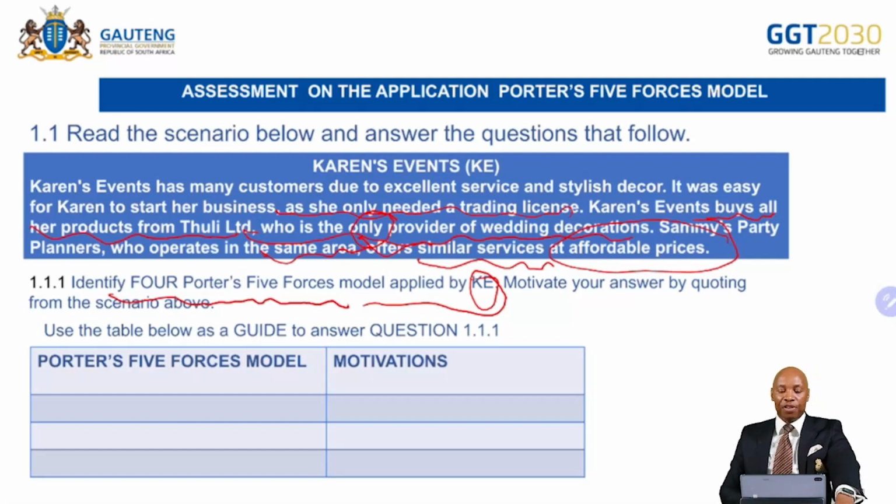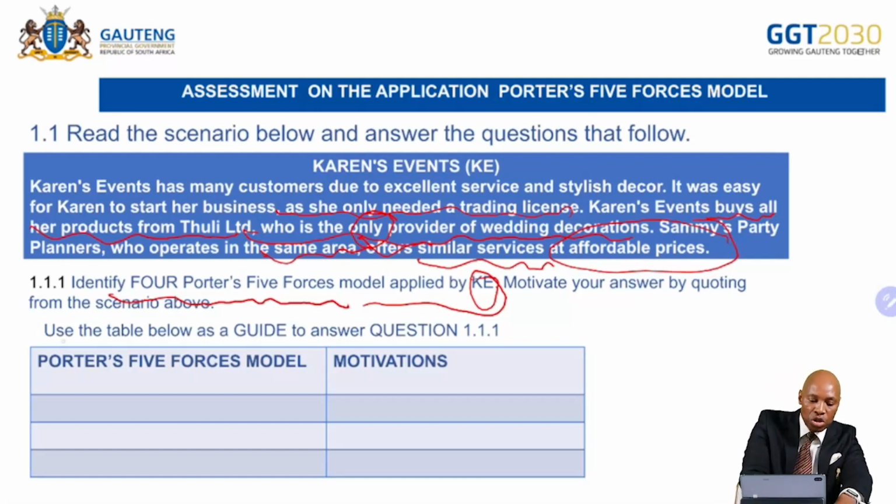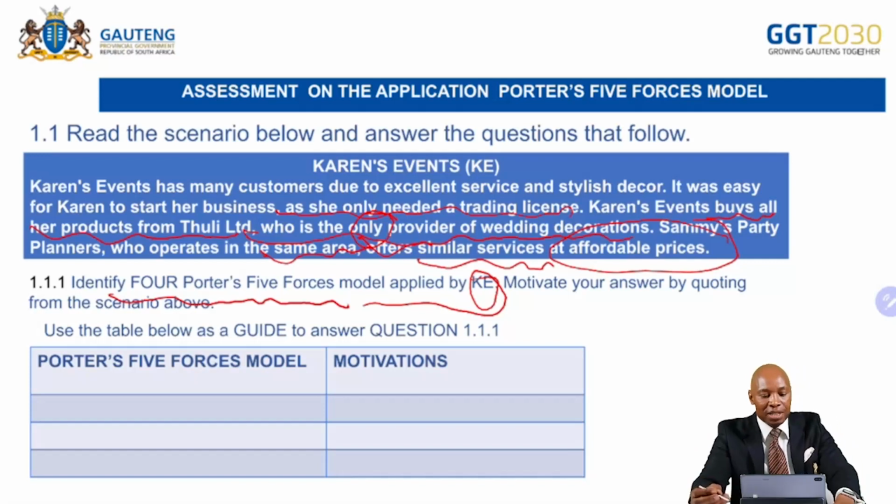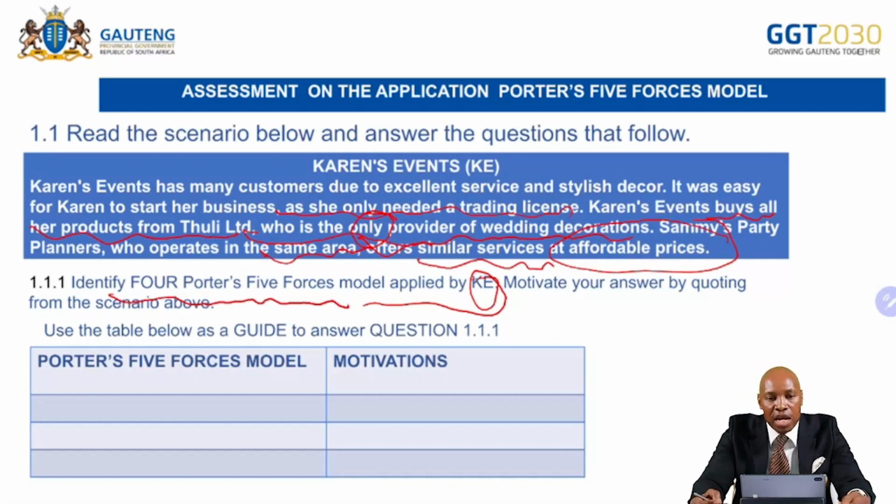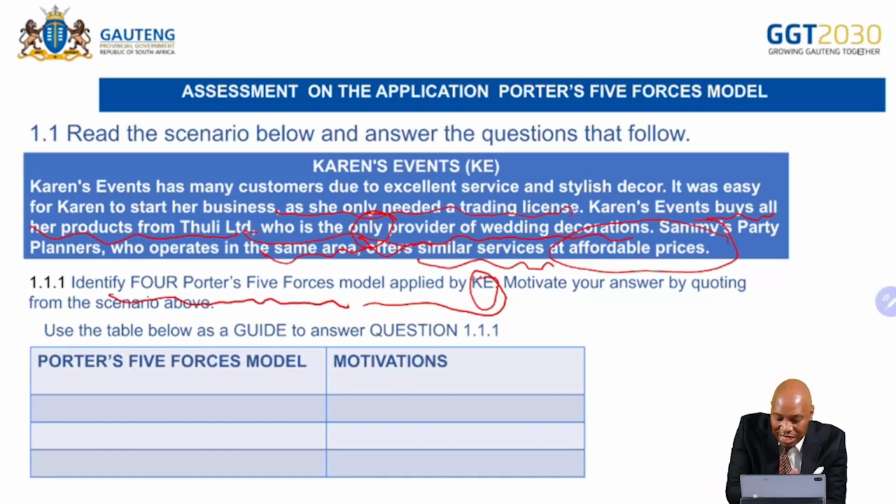So I need to advise you, when it comes to "use the table below as a guide to answer question 1.1.1", it's important that candidates, when you draw this table, draw it big enough to accommodate your responses. Some of you I saw last year, they just draw a little table, then they want to change the motivation so that it can fit in that little table.